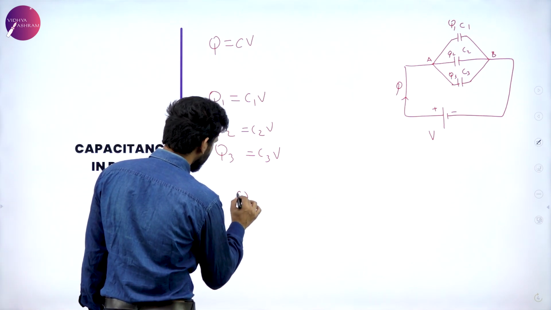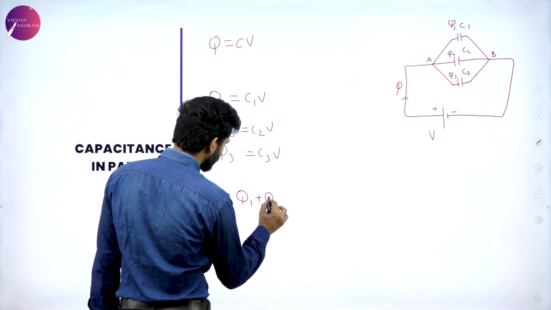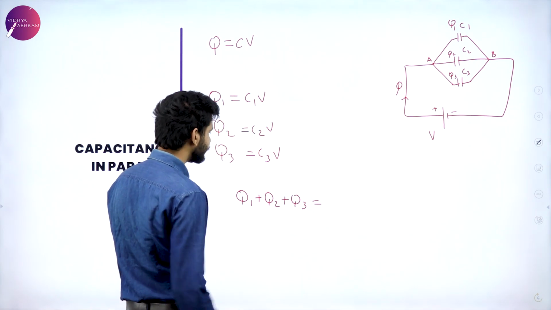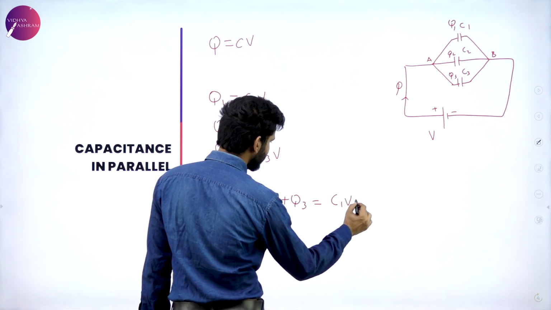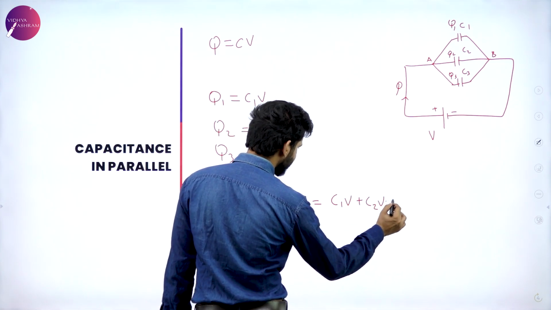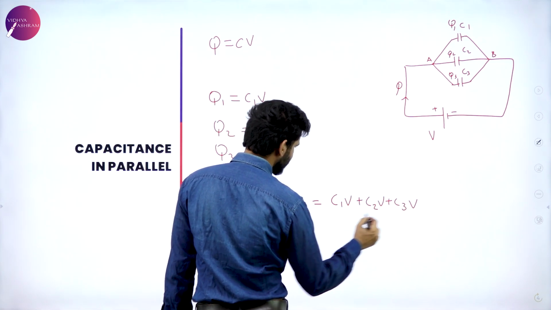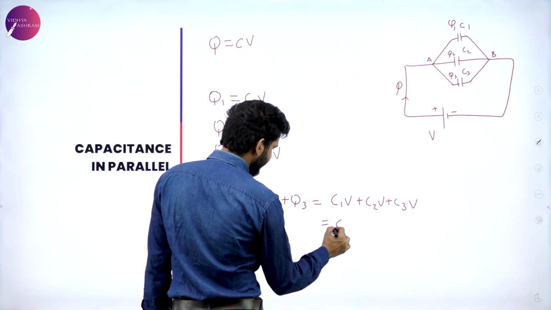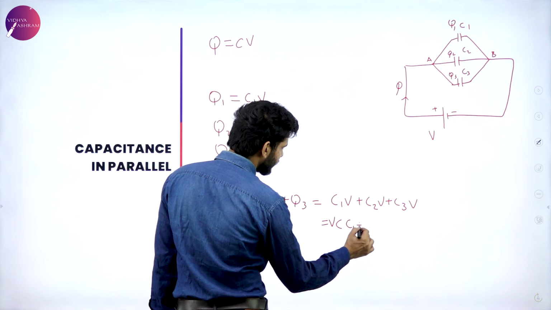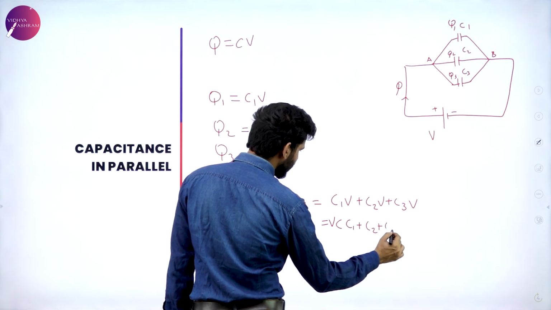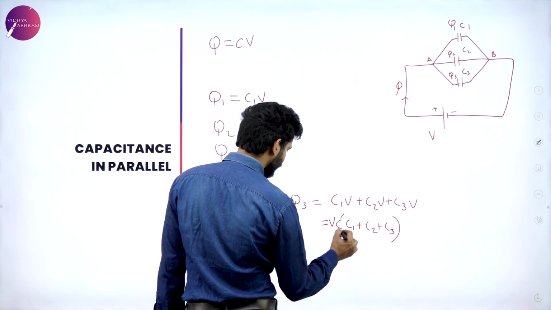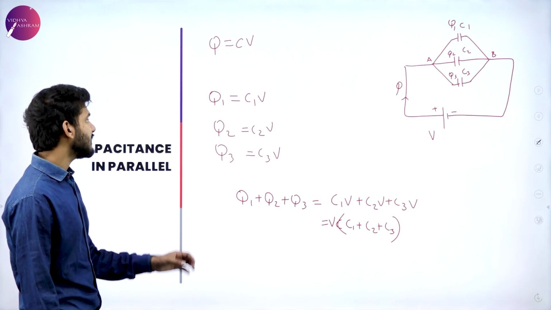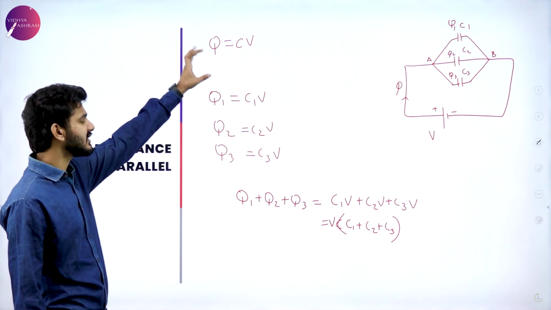So we can write Q1 plus Q2 plus Q3 is equal to C1V plus C2V plus C3V. So what is common in here? That is V. So we can write it as V into C1 plus C2 plus C3, and we know the equation to be Q is equal to CV.